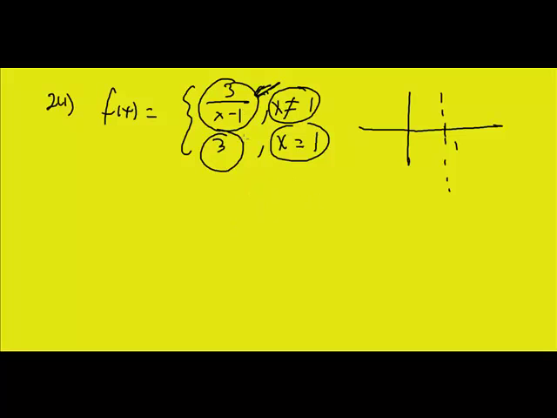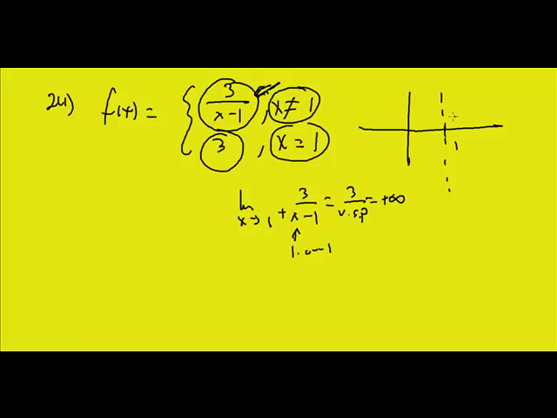So the limit as x goes to 1 from the right side of 3 over x minus 1. I can't plug it in, so I'm going to plug in something close to 1 to the right of that, which would be 1.0001. So this becomes 3 over very small positive, so it goes to positive infinity.